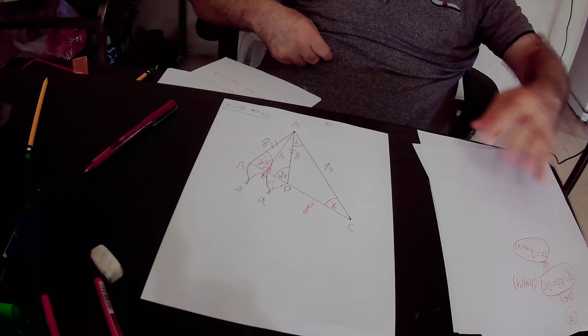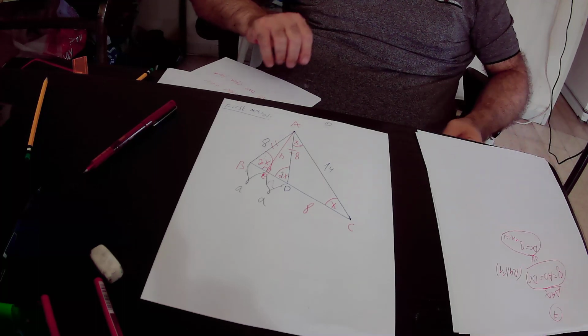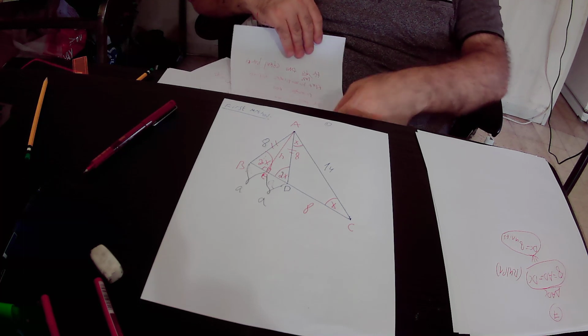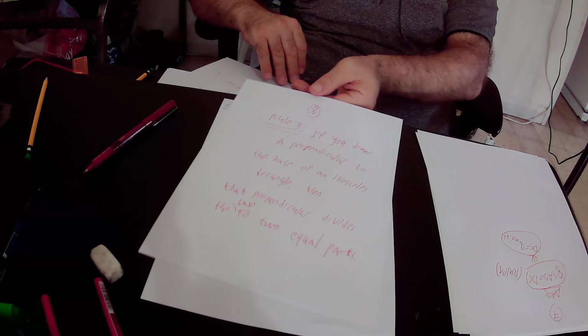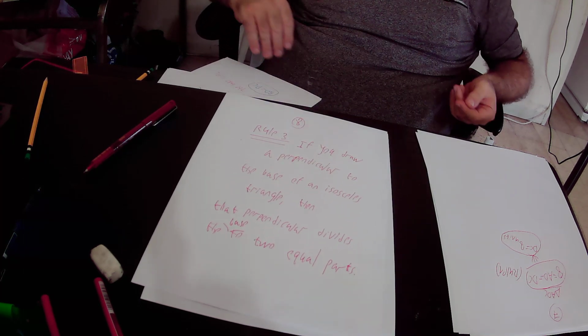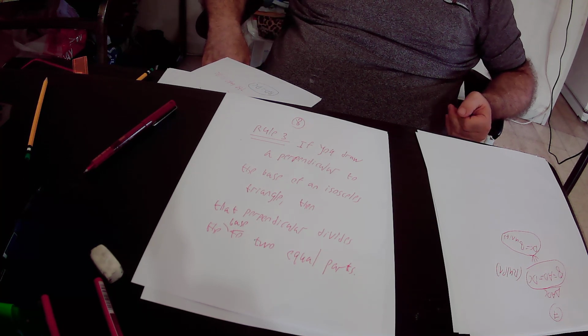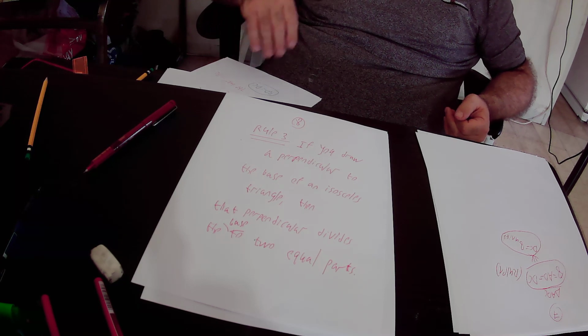Then we implemented rule number 3 in our triangle. Rule number 3 states that if you draw a perpendicular to the base of an isosceles triangle, then that perpendicular divides the base into 2 equal parts.